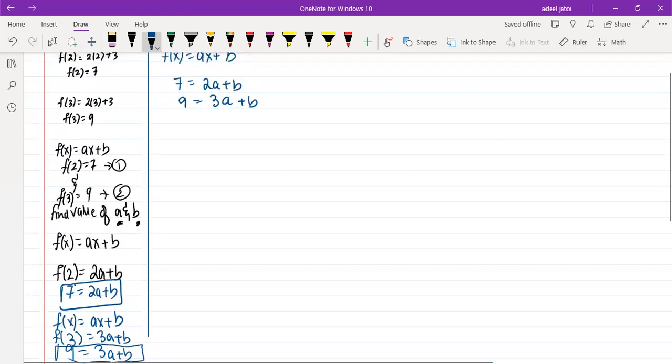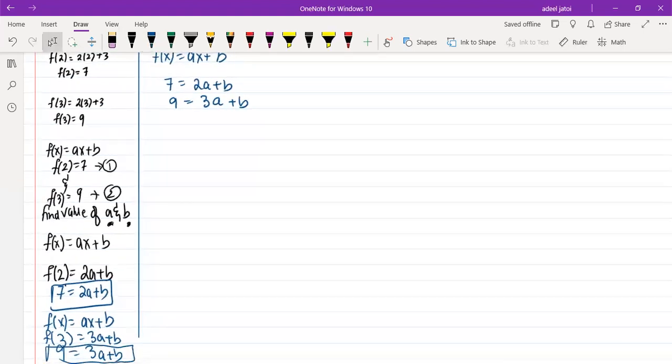These are the two equations formed through the two particular values, f(2) is equal to 7 and f(3) is equal to 9. Can we just solve them using simultaneous equations and substituting values?